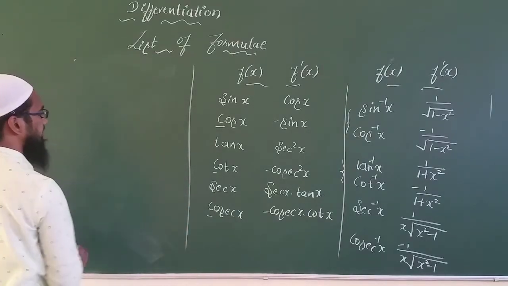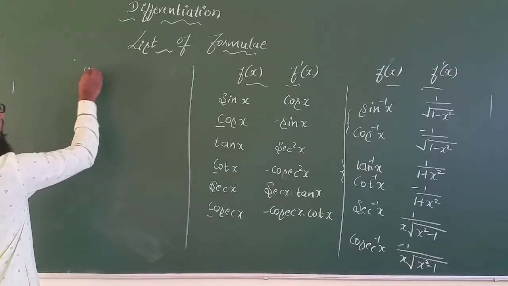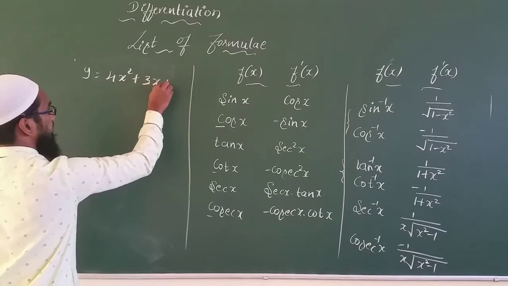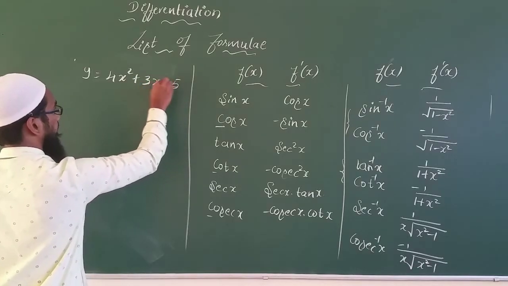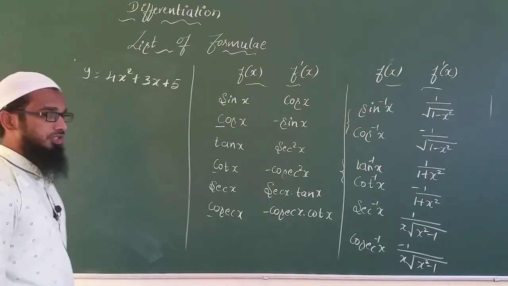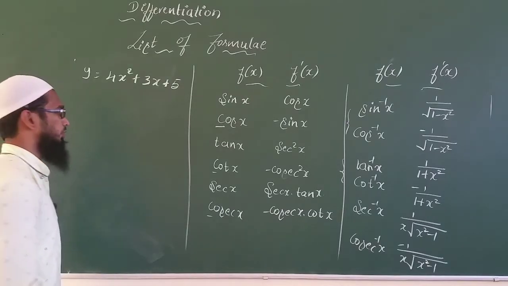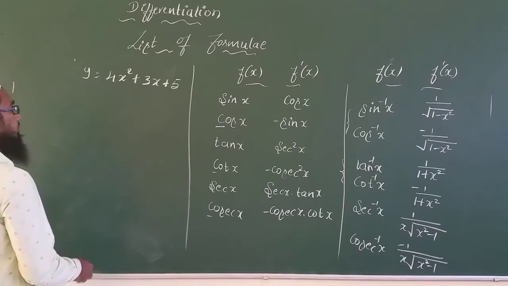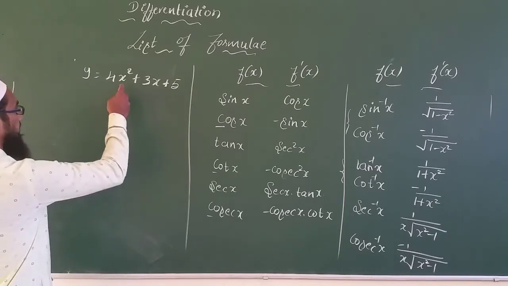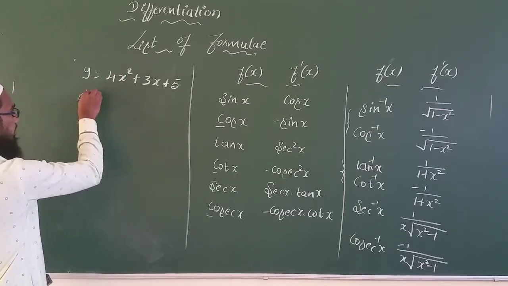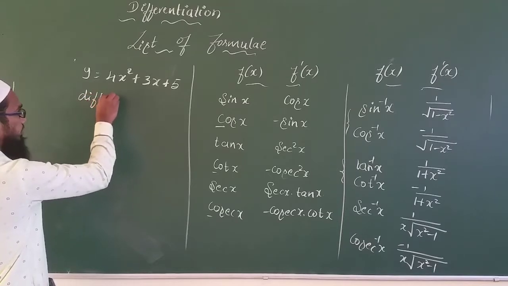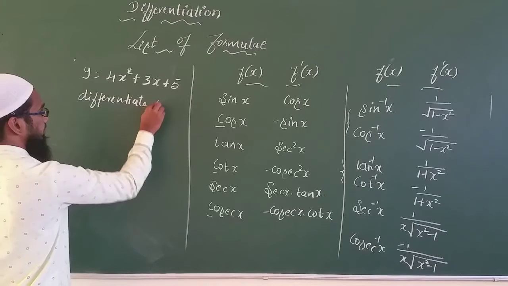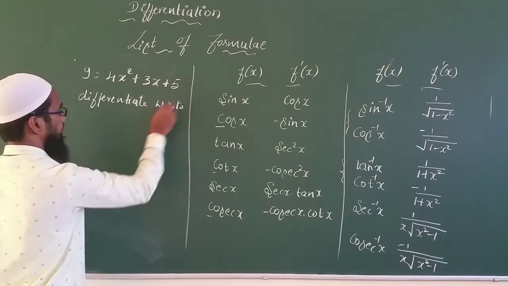For example, if I consider y is equal to 4x square plus 3x plus 5. Now I need to differentiate this given function with respect to x. So what is the solution? This is the given function, I have to differentiate with respect to x here.